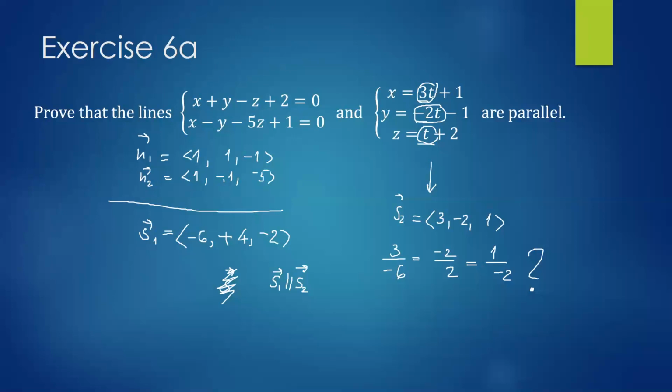But the direction vectors are parallel or collinear if and only if the coordinates are proportional. And here we see yes, the answer is yes, because the ratio is minus 1/2. So the answer is these two lines are indeed parallel because the coordinates of the direction vectors are proportional.